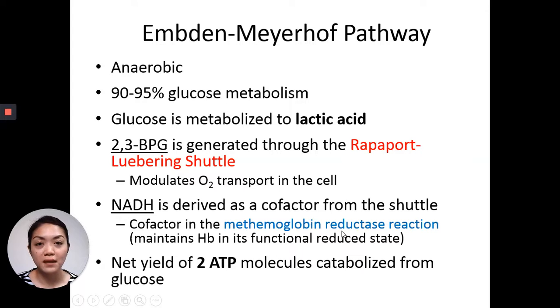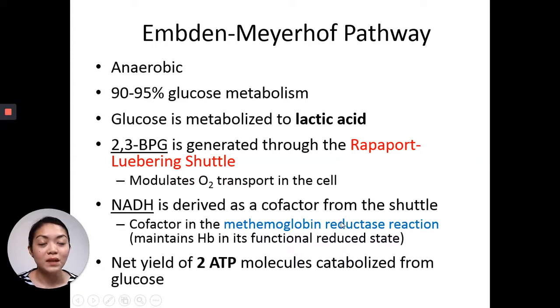Another diversion pathway is the methemoglobin reductase pathway. It's also found within the pathway, and its purpose is to produce NADH, or nicotinamide adenine dinucleotide hydrogen, which is the reduced form of NAD+. The NADH is the cofactor of the enzyme methemoglobin reductase.